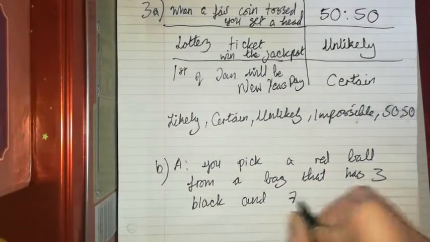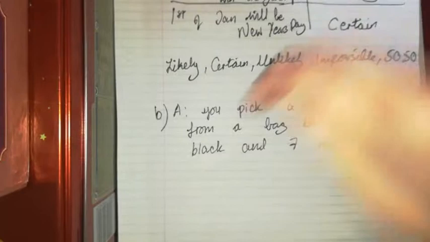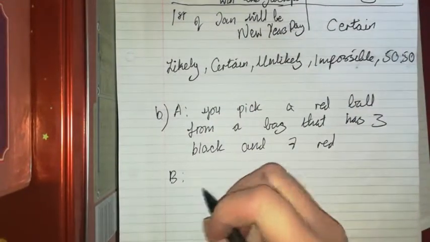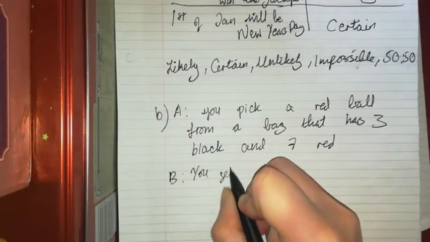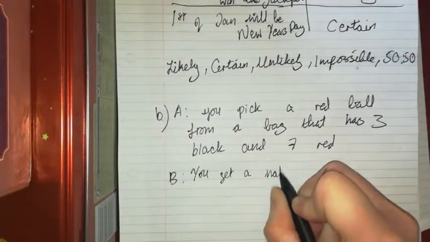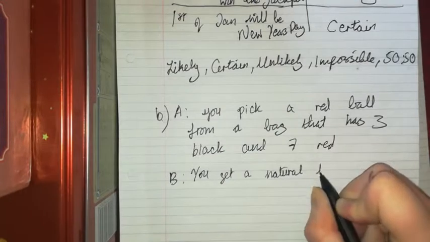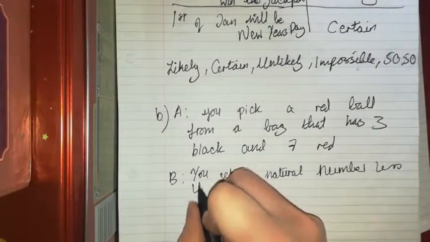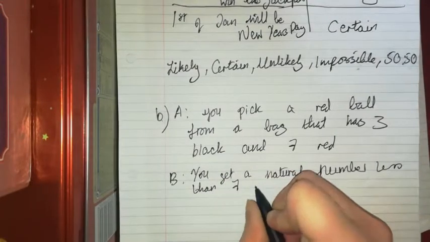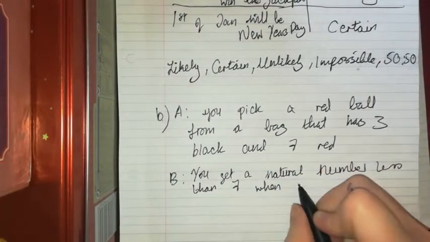Part B is you get a natural number less than 7 when rolling a dice.